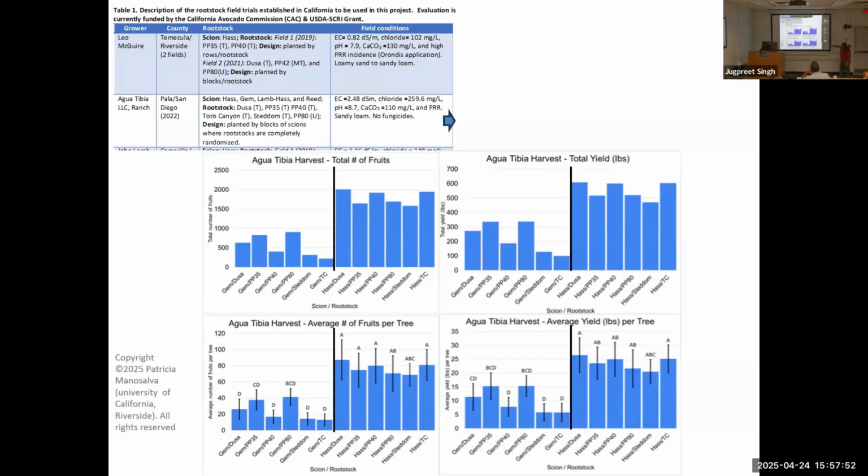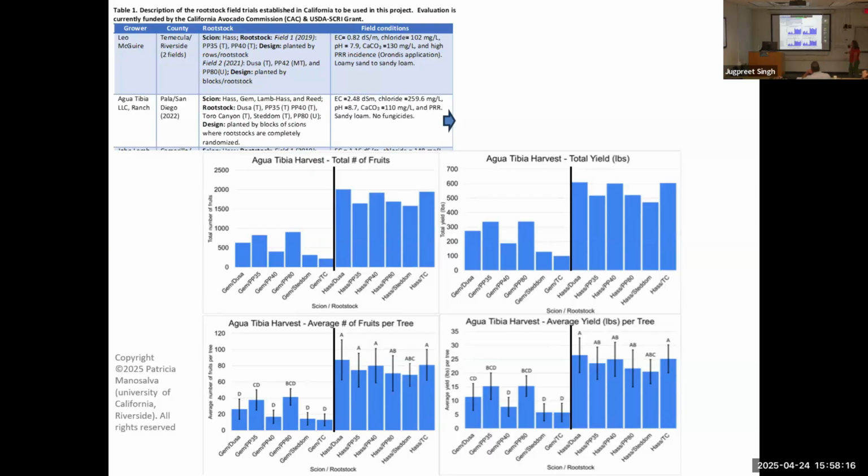But you can see here that with the Gem, the best ones are 35 and 80. And if you look at the Haas, also Dusa is with 40 and Tolocano. So this is the first data that we have in the trial, and I was saying we have more than 100 fruits per tree in some cases on some of this material.